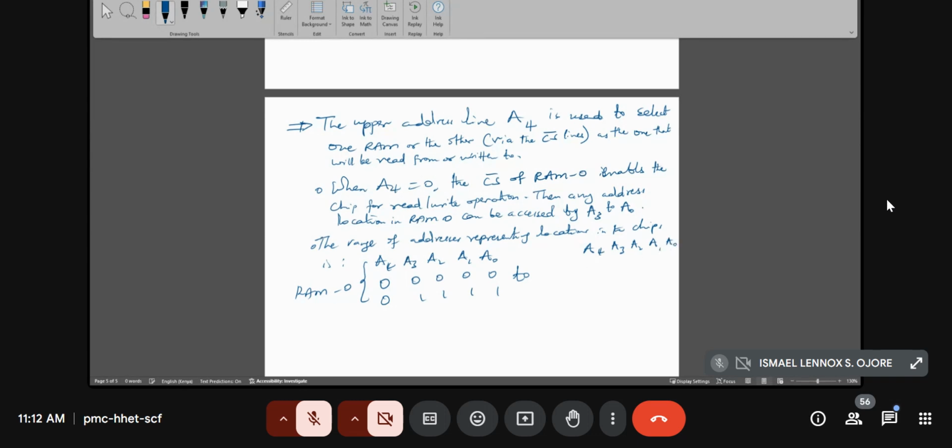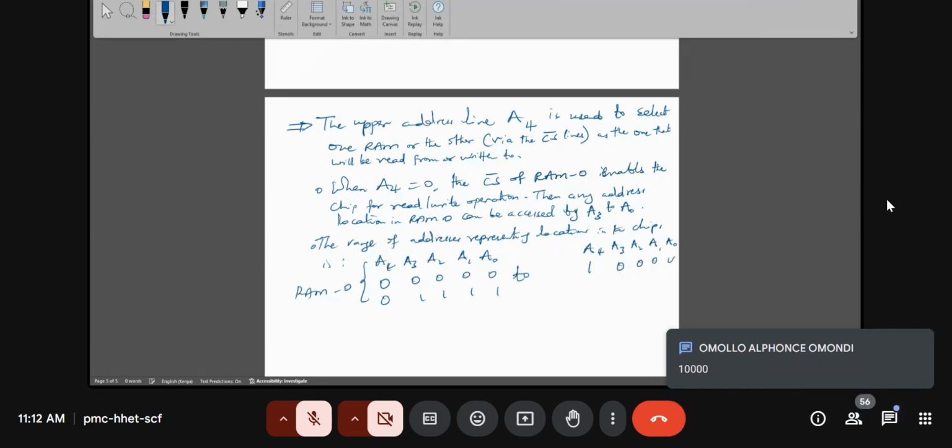For RAM 1, the first memory location will be what? 10000, to 11111.